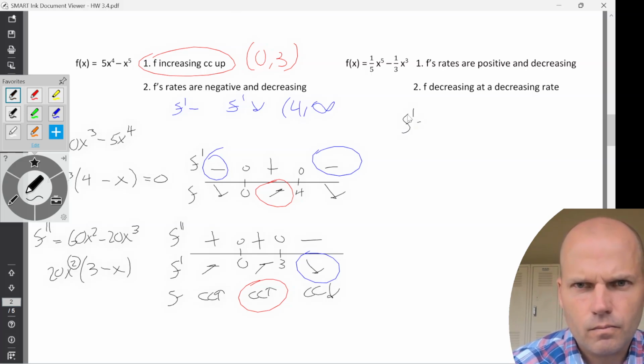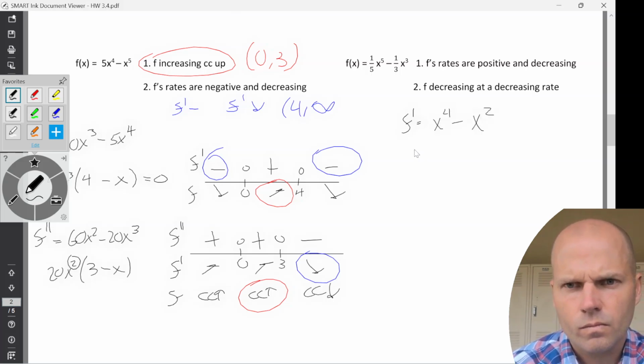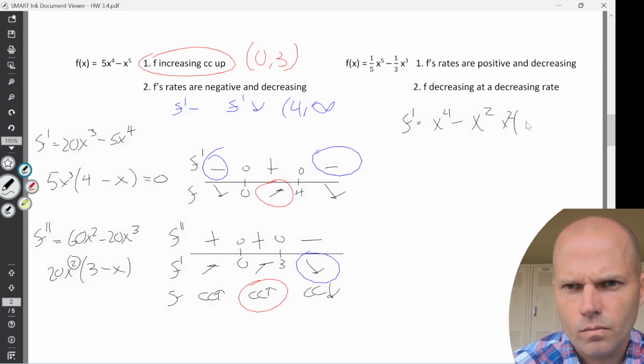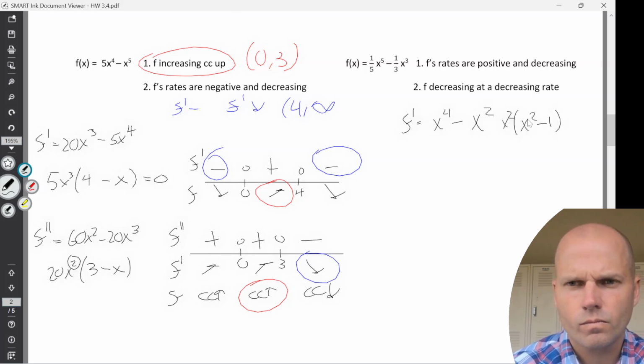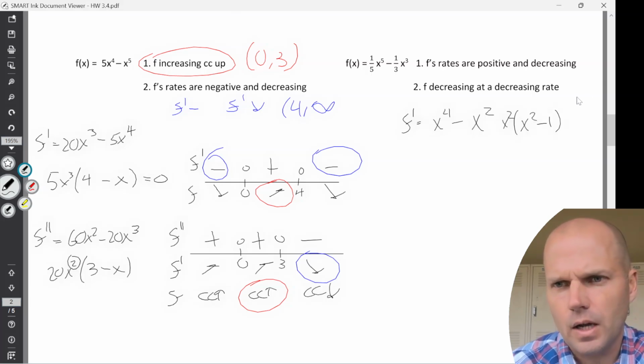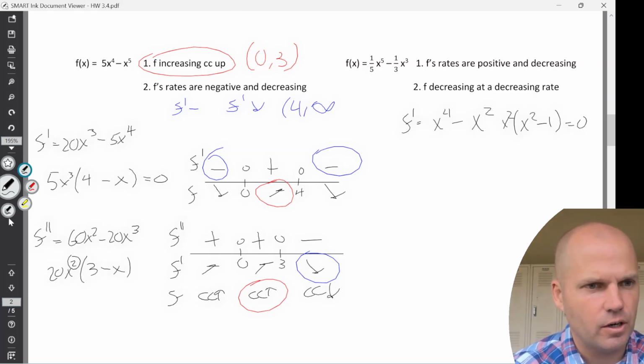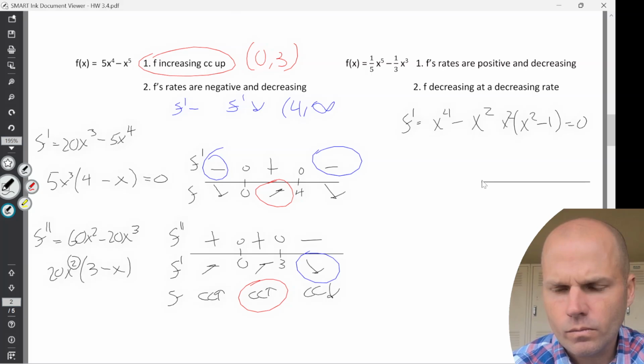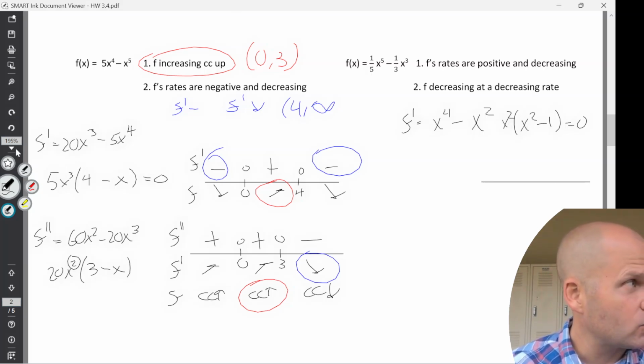Cool. I get plus or minus 1 and 0. You could factor this to x plus 1, x minus 1.